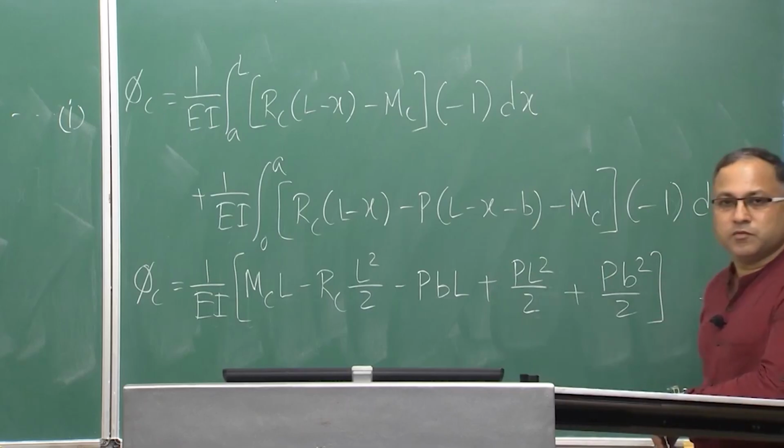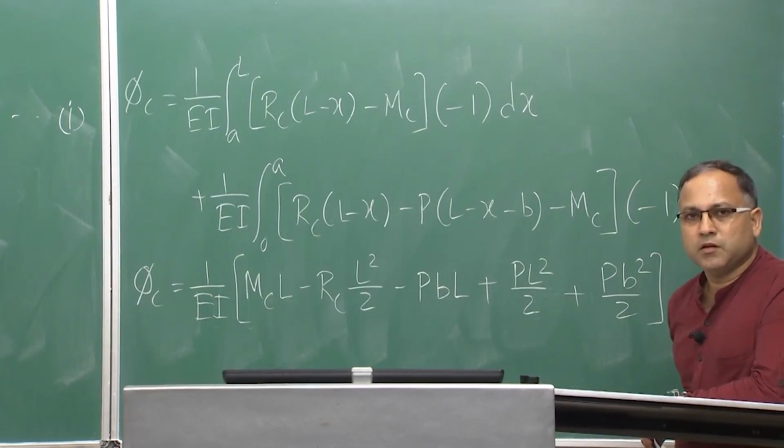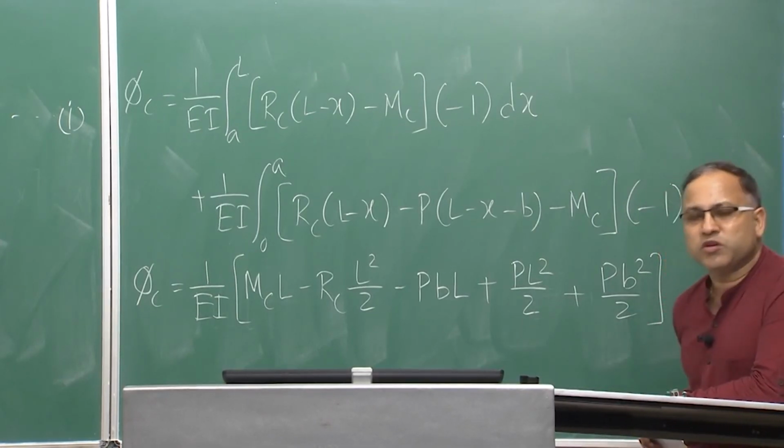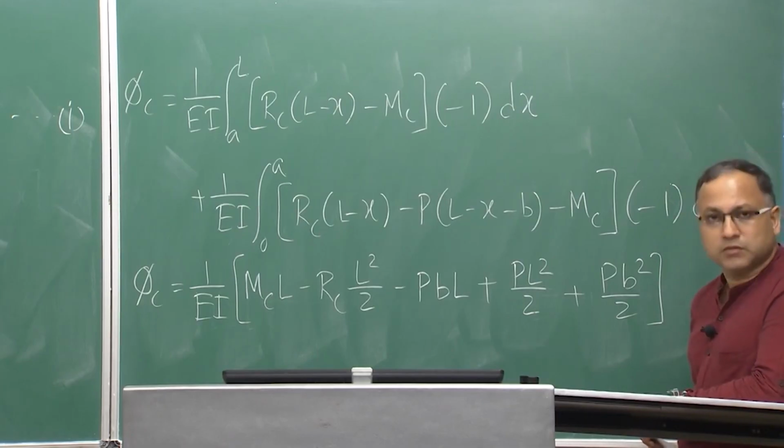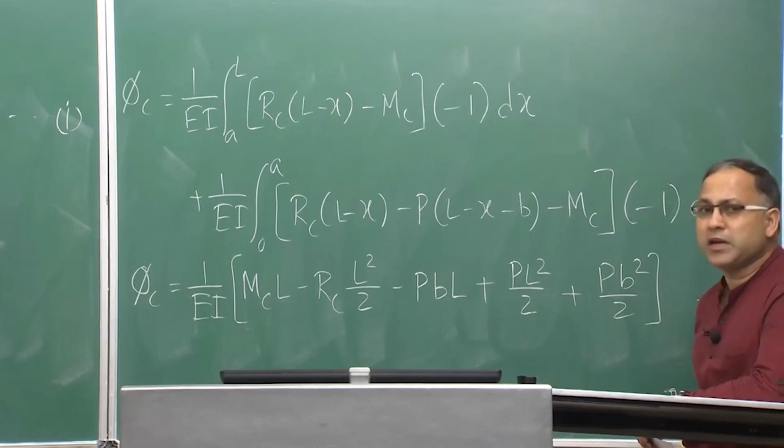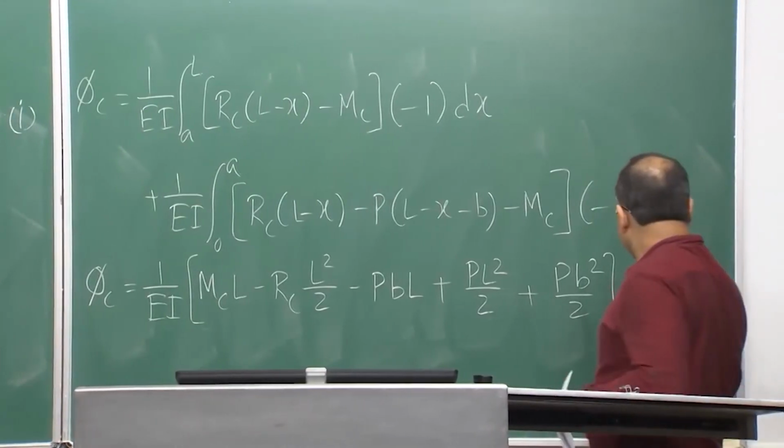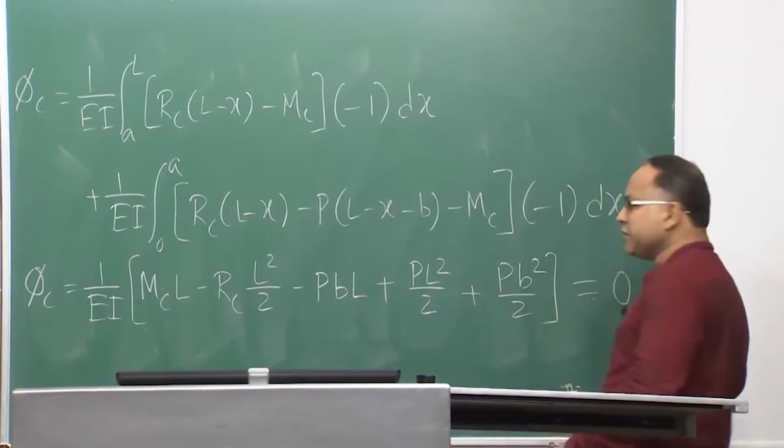That is the expression of your rotation at point C. Now, what is the actual value of the rotation at point C? Simply 0, because that is the fixed support and you cannot get any rotation. So, again this must be 0.